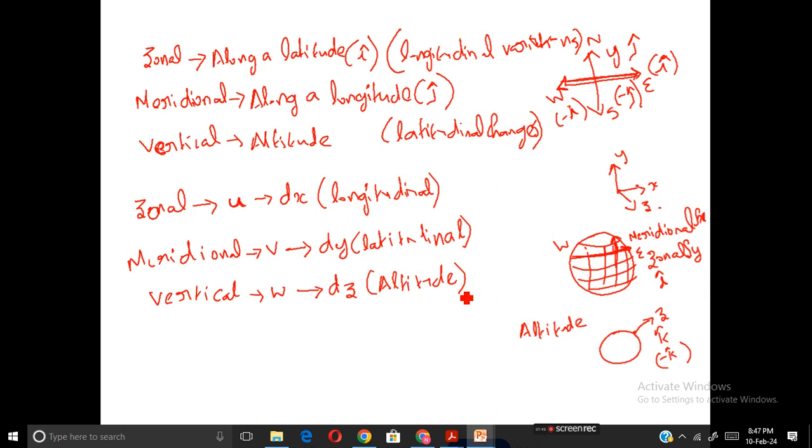Because longitudinal, in the sense I'm telling, the longitudes are varying actually. The variations are in the longitude.